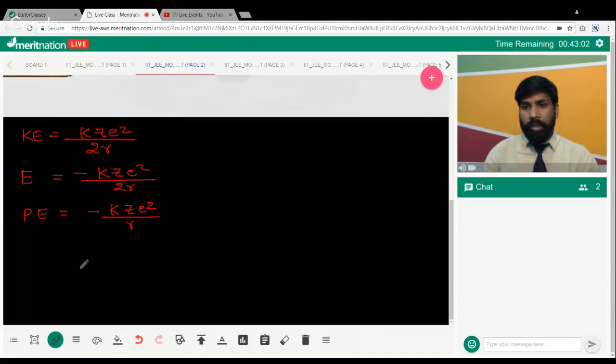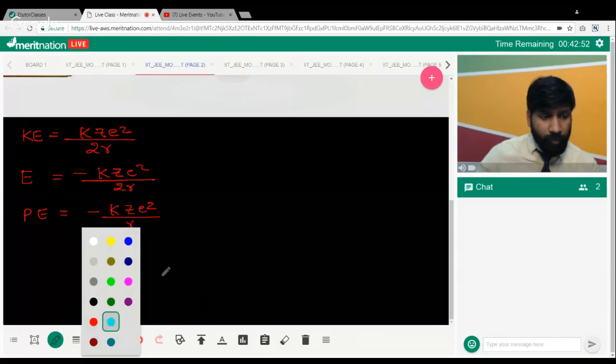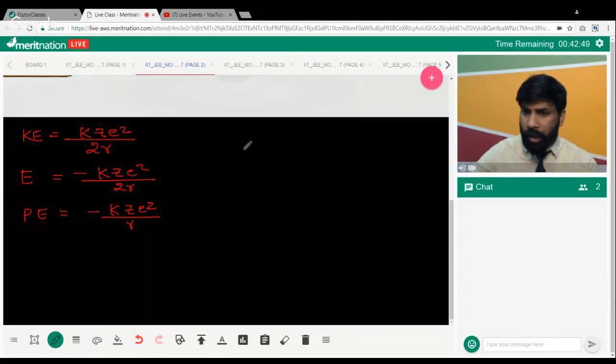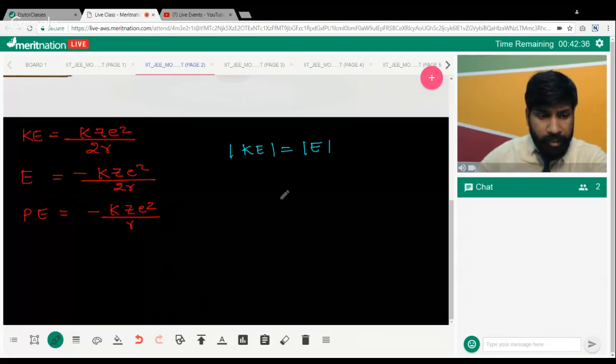Now we can relate kinetic energy, potential energy and total energy. The magnitude of kinetic energy is equal to the magnitude of total energy. And potential energy is twice the total energy. How? Here, KZe² by 2R is the total energy magnitude, so 2 into KZe² by 2R gives KZe² by R. So potential energy is equal to twice the total energy.